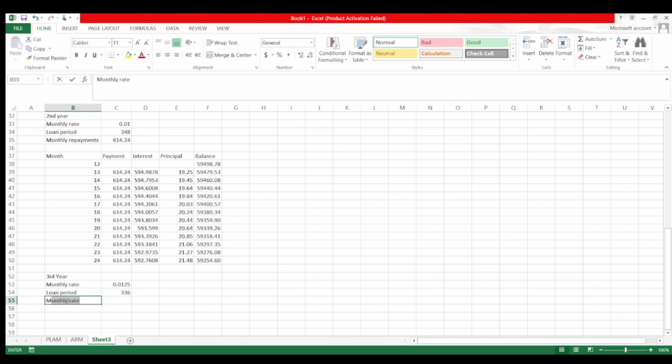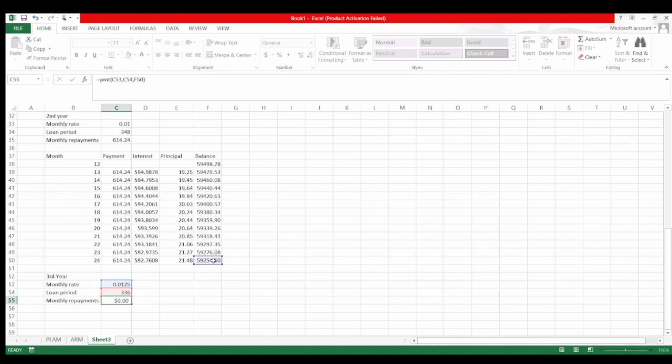Now with that information, we can then calculate the monthly repayments. So in this case, it is equal to PMT. We put in the rate, number of periods, and our present value, which is the balance at the end of the 24th month.